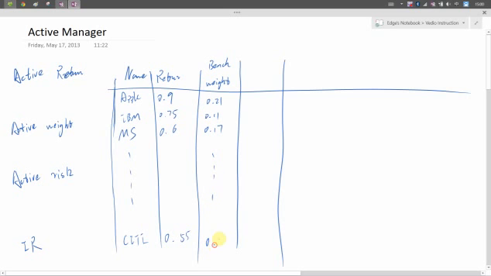Citi maybe 2. After we have that, we get the benchmark return. Benchmark return is simply the benchmark weight times the stock's return of this month.